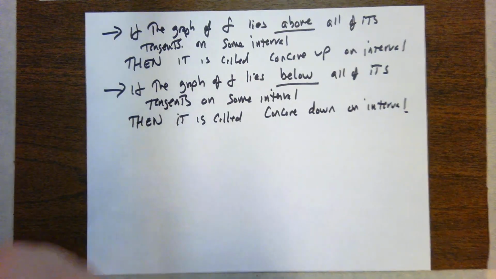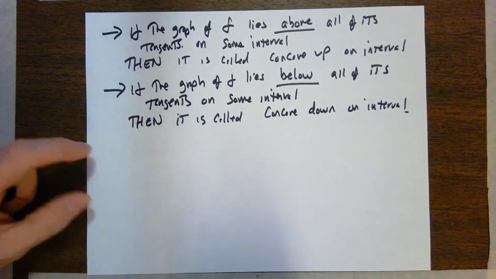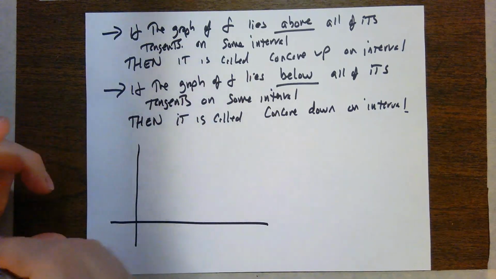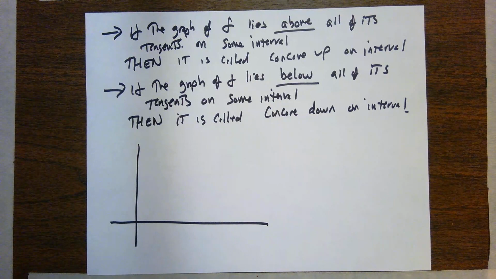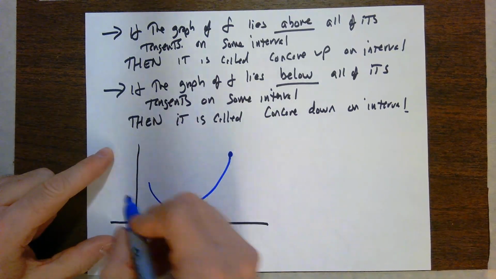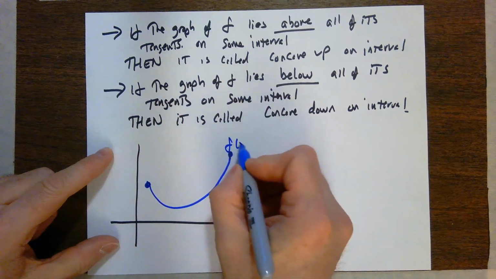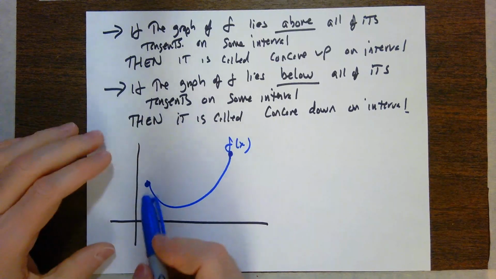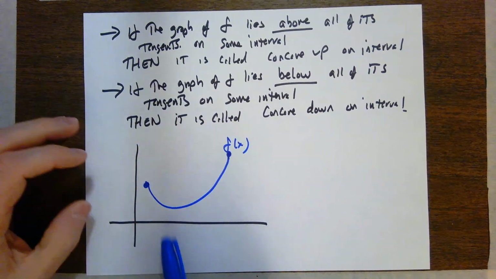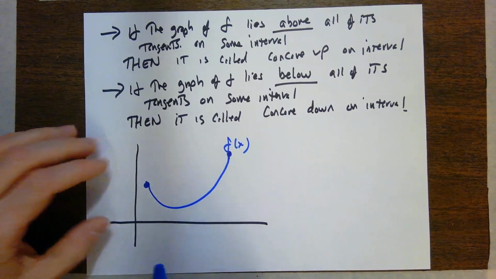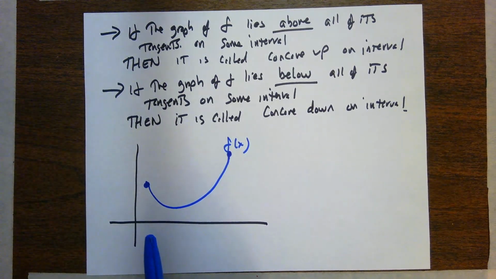Let's take a look at just two quick little graphs. Let's look at this graphically speaking. In the first graph, suppose I've got some sort of function that looks like this over some interval from a to b. I notice that I've got a minimum value here, but I want to focus in on all of the tangent lines.